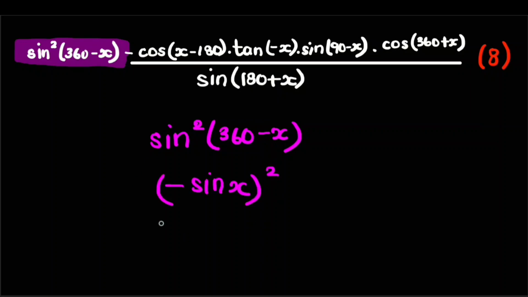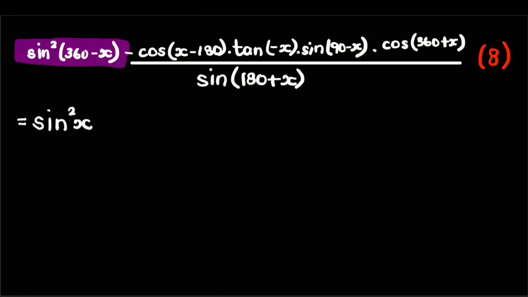So we know that is going to give us negative sine x. However, the square indicates that this answer will be squared. And negative sine x squared is going to give us positive sine squared x. So this is how we actually apply the square. The square tells us that whatever answer we get, that answer is squared.